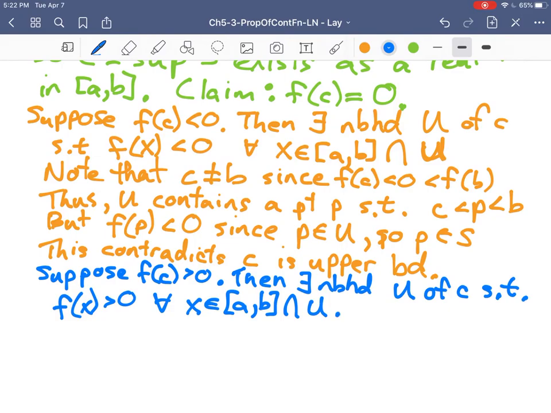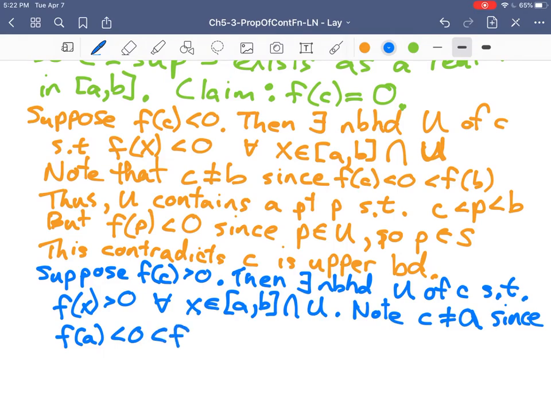Note that c is not a, since f of a is less than 0 and f of c is more than 0. Those two things can't possibly be the same value.